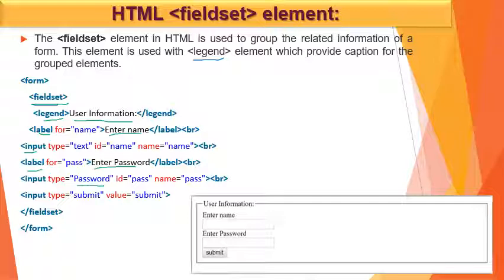The type is password that we have to specify, that is we are inputting the password of our user, and id is pass and name is also pass. Now at the last, the submit button is given here, and the submit button will submit the information of any user, which is name and password, and that will be the end of our fieldset. The fieldset will consist of only two pieces of information, name and password.